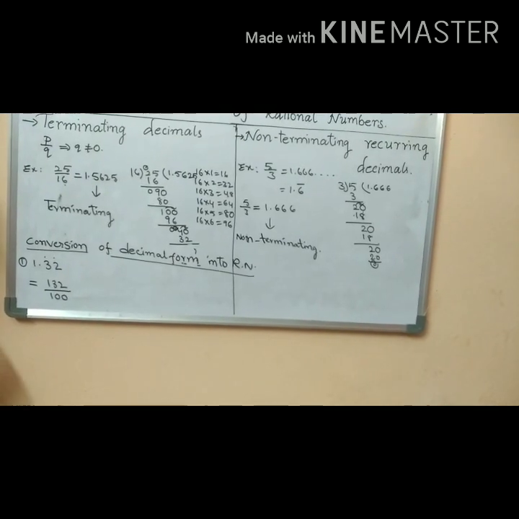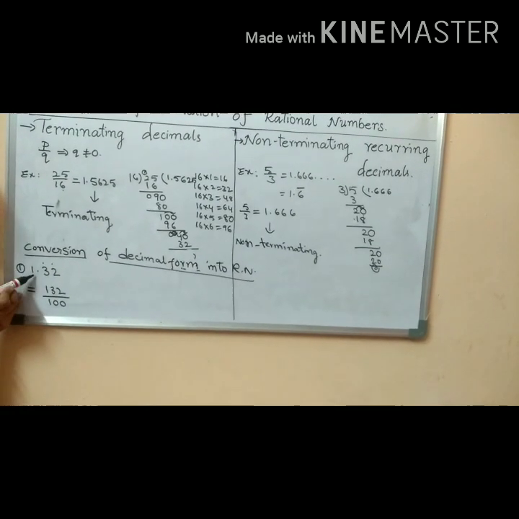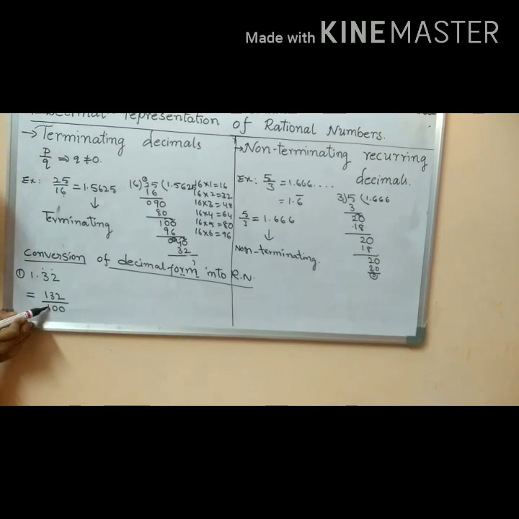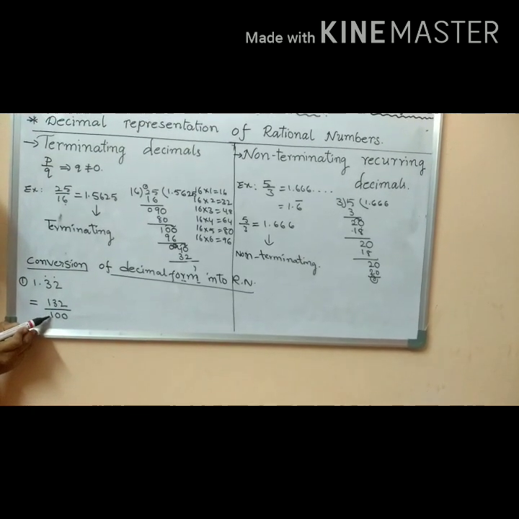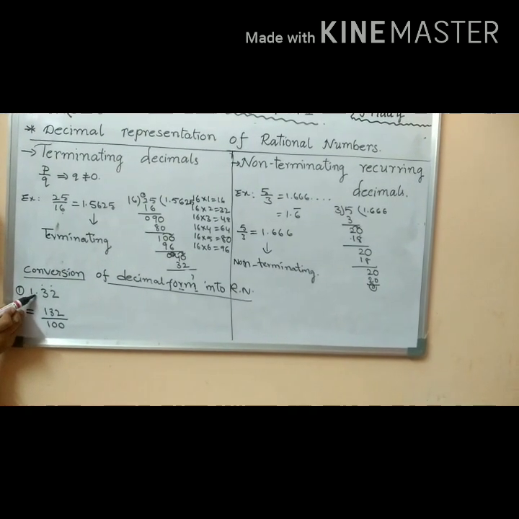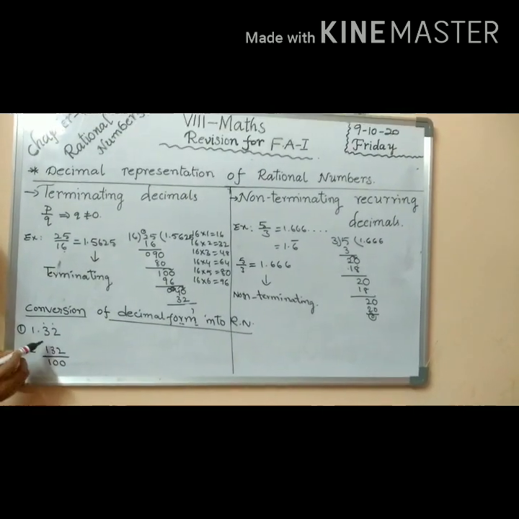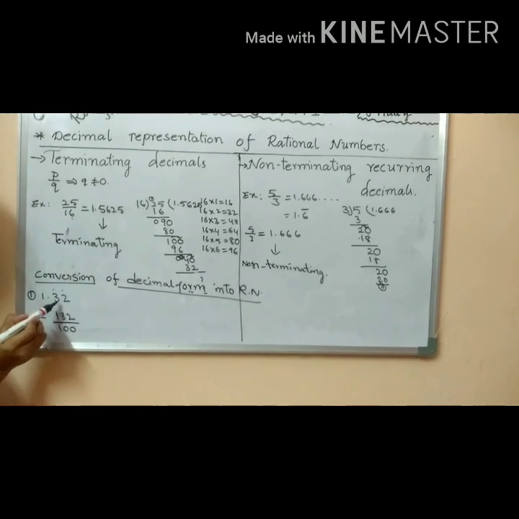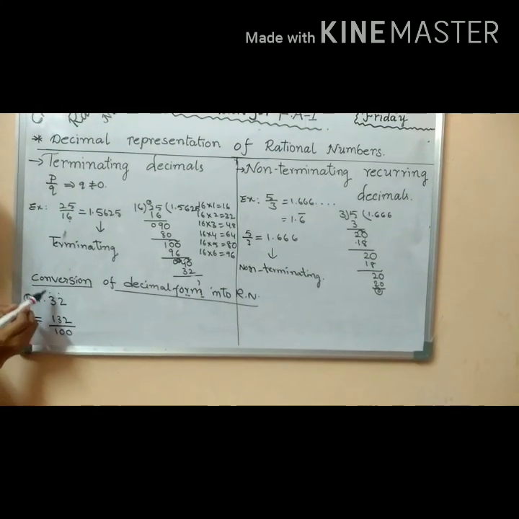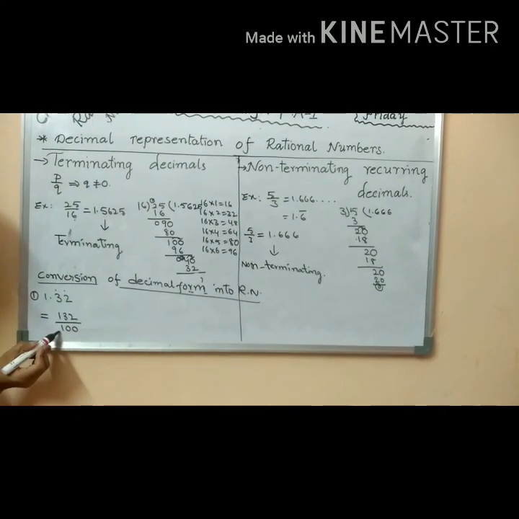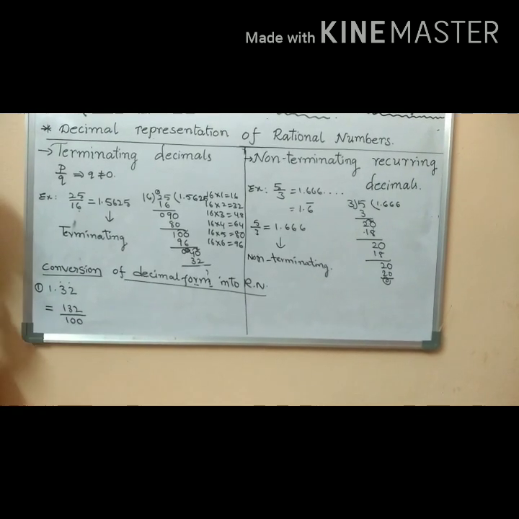We have to take 1 after 2 zeros. The decimal number is converted to a rational number. Did you understand, children? So 1.32, you read as 1.32. After the point, how many digits are there? 2 digits. Then you take the denominator as 1 followed by 2 zeros.